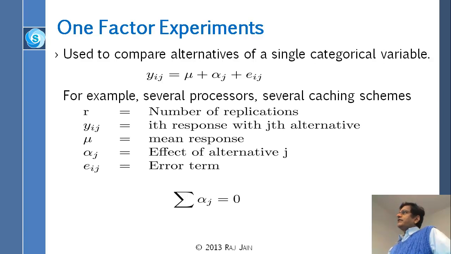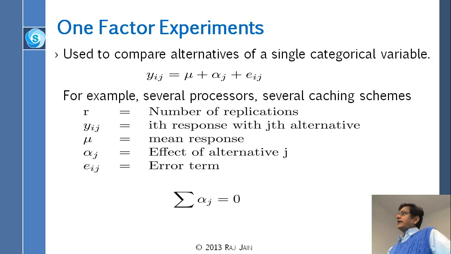The main thing we are going to assume is that the effects of the levels add up to 0, so that whatever doesn't add up goes into the mean, mu. Because there is a mu here, the errors will add up to 0 and the alpha j's will add up to 0.